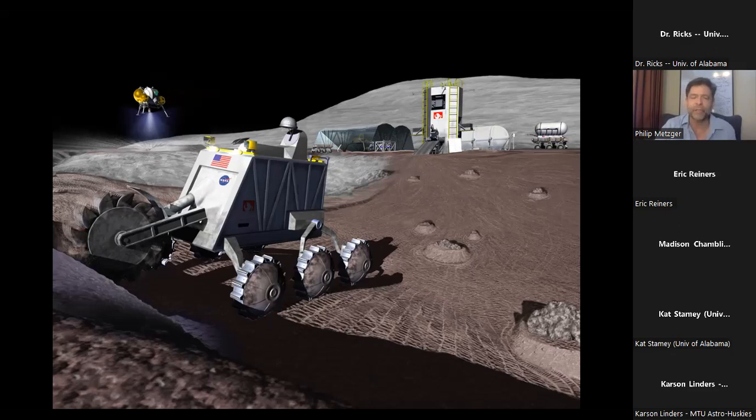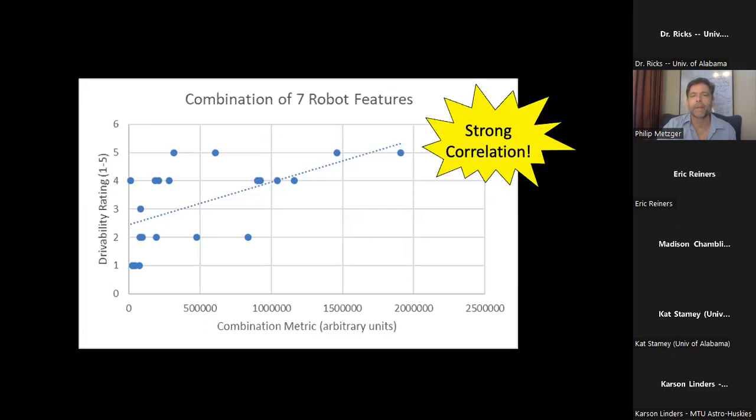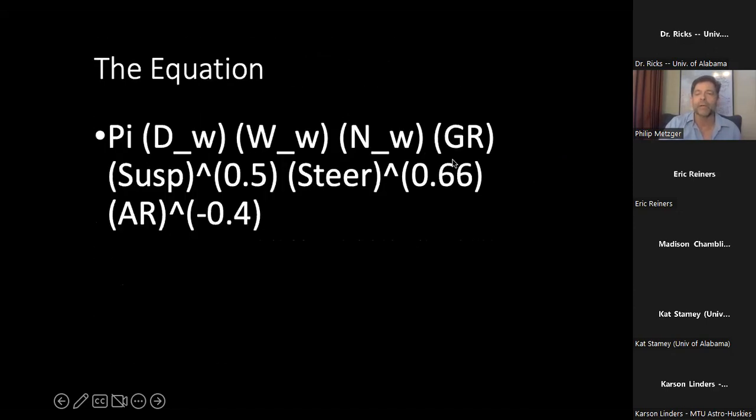Yeah, so it did show up in the data. In this combination of 7 features, one of those is the steering, and the R² value that measures how good of correlation was maximized when we used 0.66 power on that steering factor, and the steering was either a 1 or a 2. One meant skid steering, two meant it was something better than skid steering.